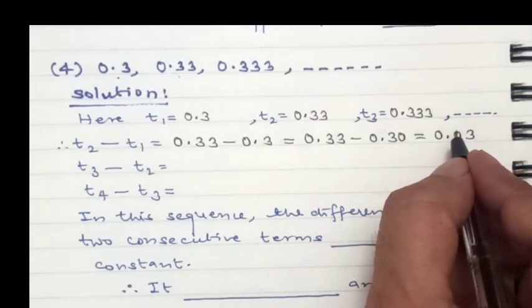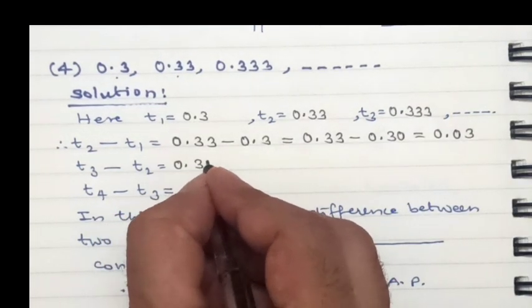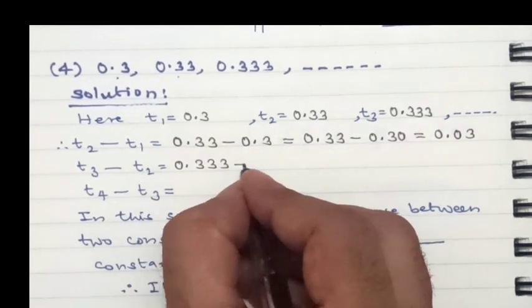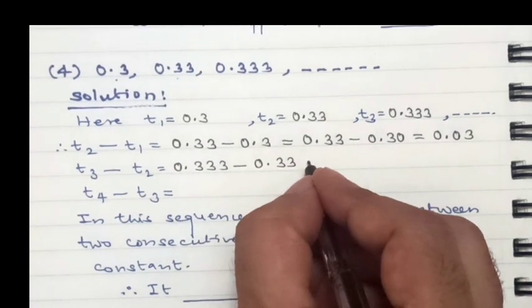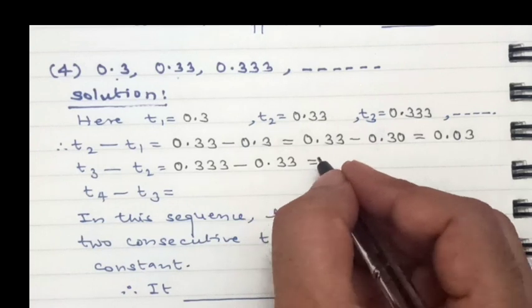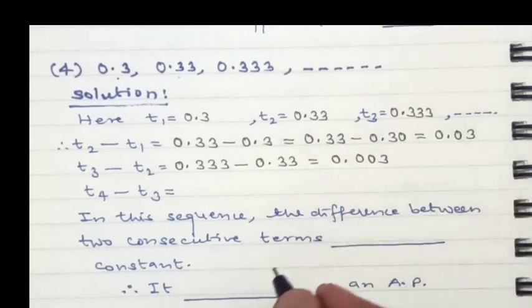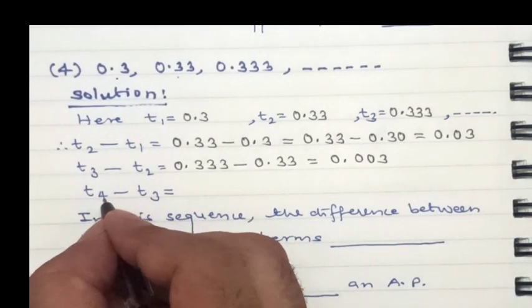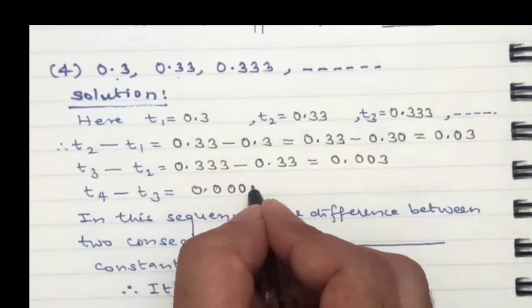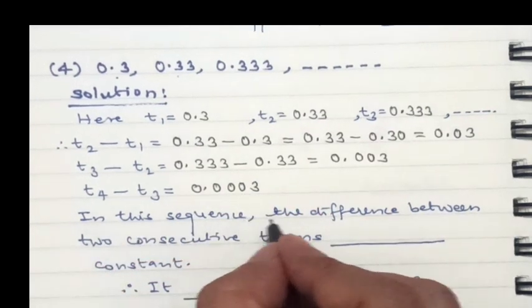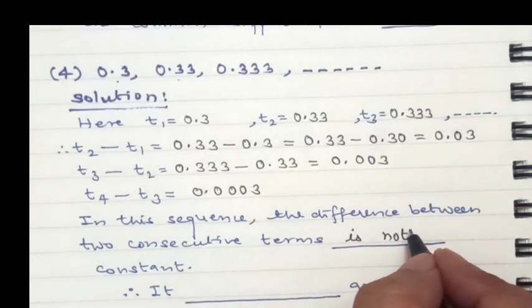Next difference, 0.333 minus 0.33, it will give you 0.003. Same way, when you find out T4 minus T3, it will be 0.0003. In this sequence, the difference between two consecutive terms is not constant.